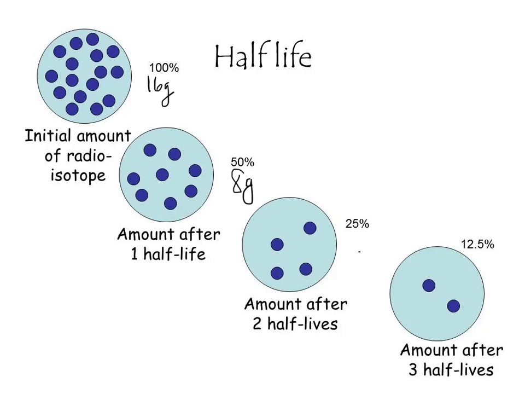Now you're left with 4 grams. This is 25% of your original mass. You let another half-life pass, and therefore you have now completed 3 half-lives, and you lose half of your 4 grams. Now you're left with 2 grams. 2 grams is 12.5% of your original mass. And so this is what happens after each half-life. You lose half of the amount that is present.